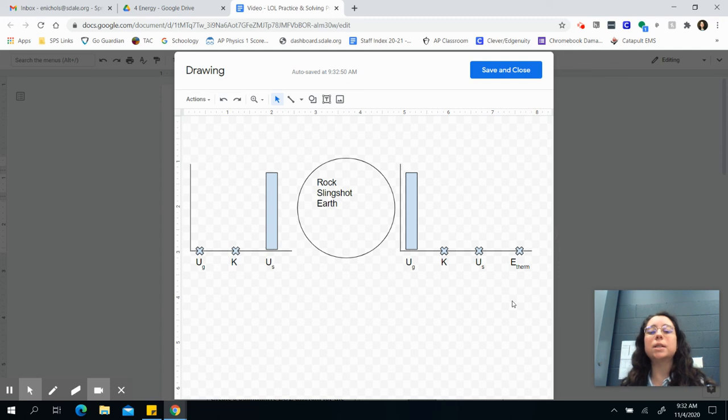If I had a slightly different scenario, let's say there was some height beforehand, then all I would need to do is account for that in my bars. So I can't just say that I've got this much energy in gravitational potential energy, this much energy in spring energy, and then only half of that amount left with my gravitational.